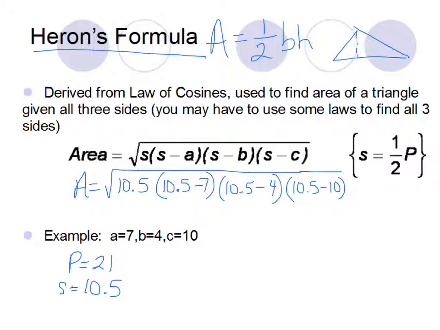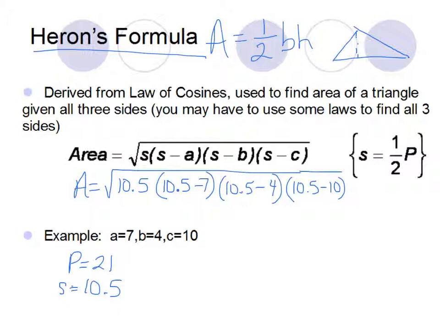So then you just go to your calculator and you type that in. And sometimes it'll be easy to do the mental math on it, sometimes not so much. On this one, I can do some mental math. So I'm going to do a big square root, and then I'm going to type in 10.5 times 3.5 times 6.5 times 0.5.